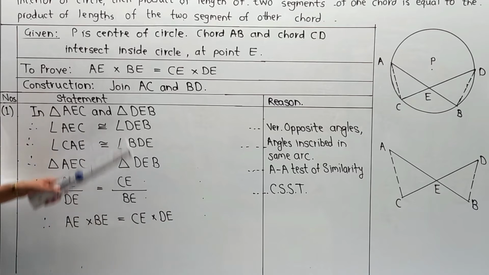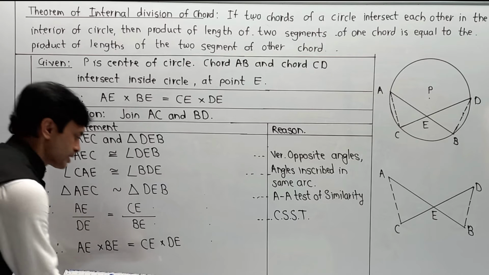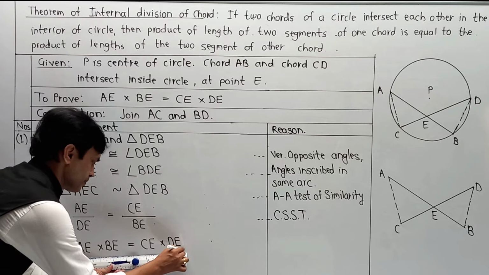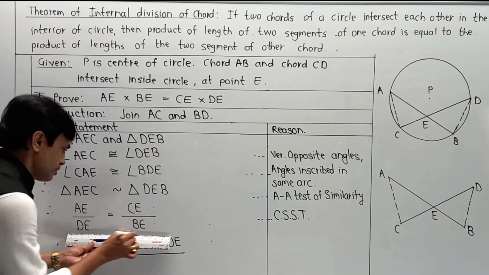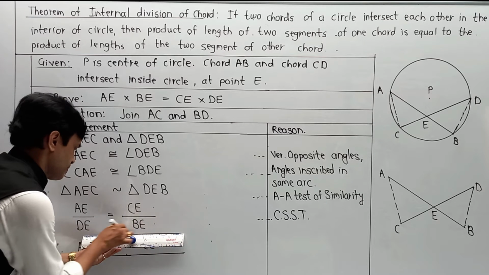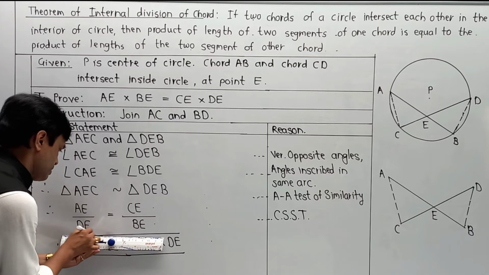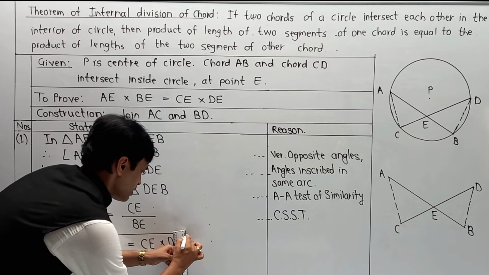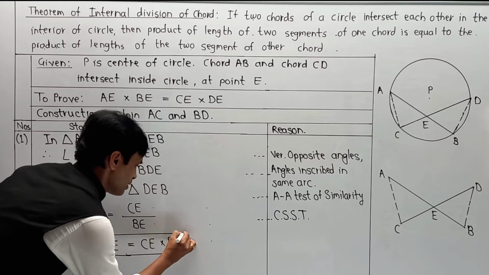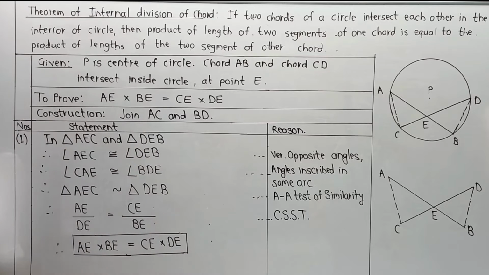So students, read this theorem carefully and try to understand all the parts. As this is the main final step, I am going to make a box around it. And in this way, we can complete the proof.